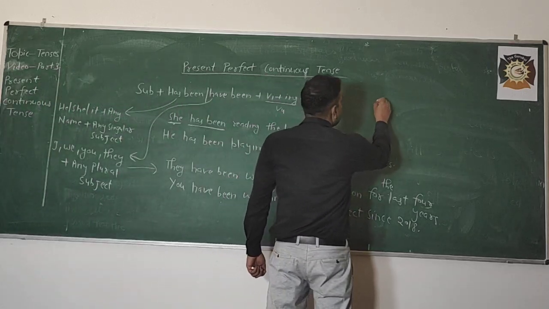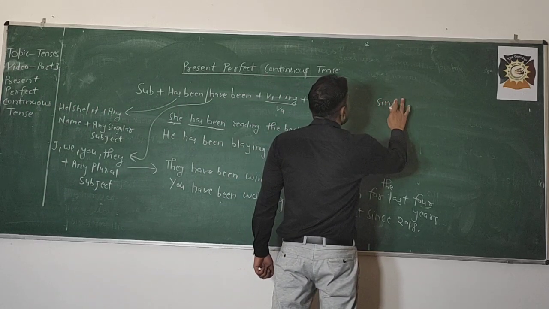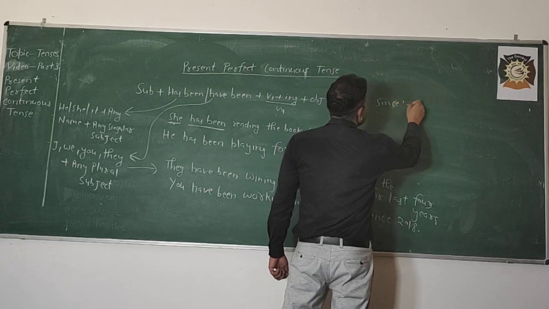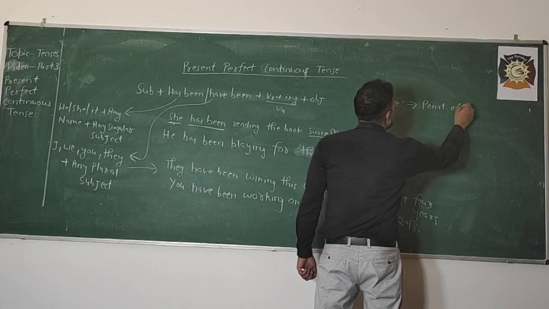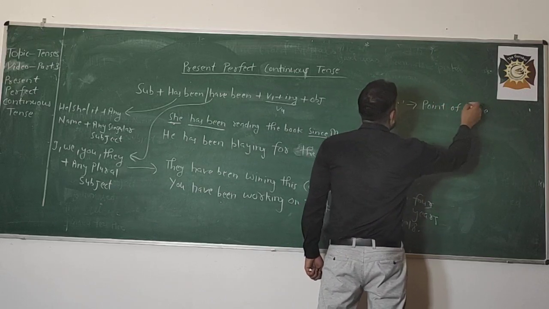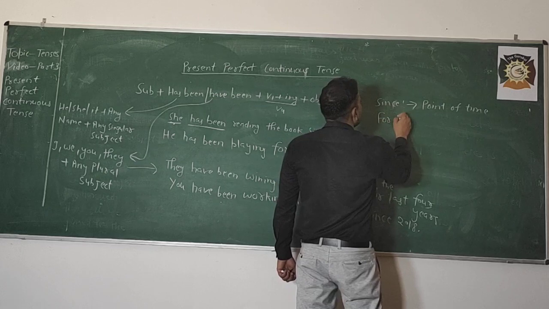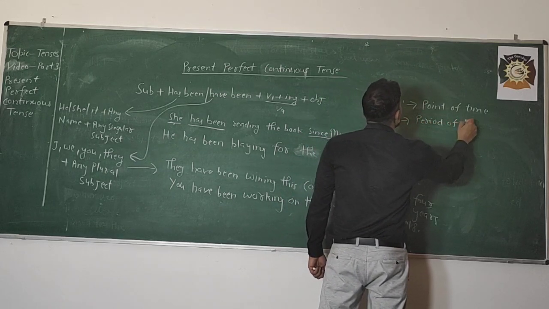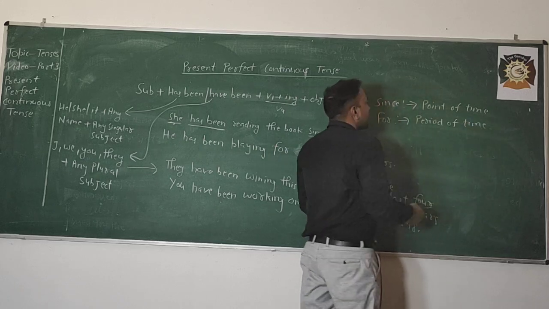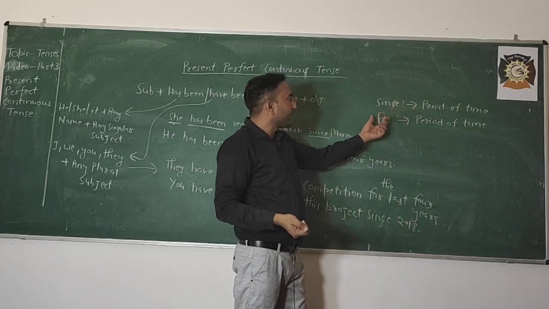Since is always used for point of time. And for is used for period of time. What's the difference between point of time and period of time?